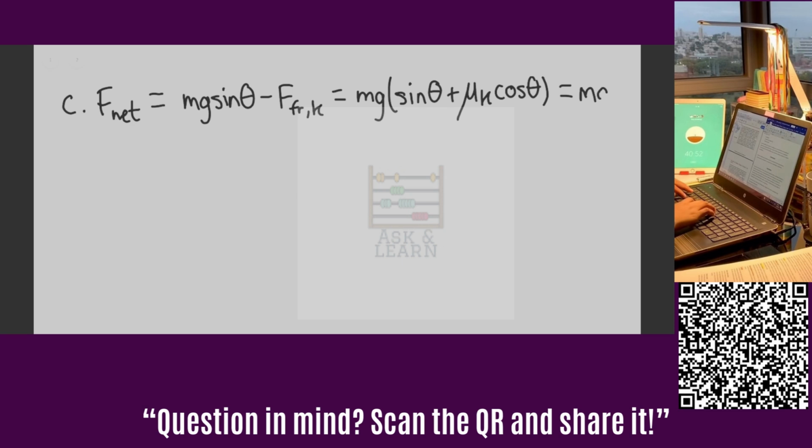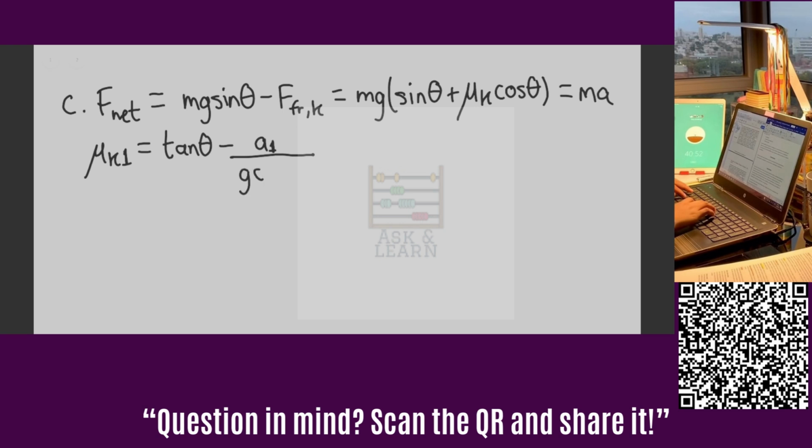We can then solve for mu sub k sub 1, the coefficient of kinetic friction, again for the old skis, which would be equal to tangent of theta minus the acceleration of the old skis divided by g cosine of theta.